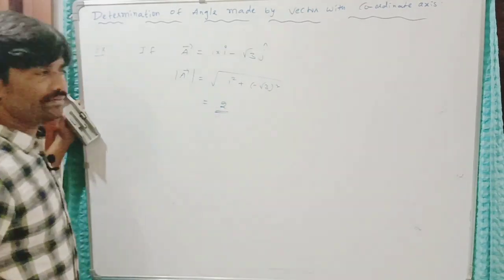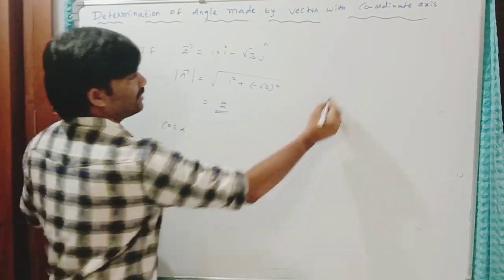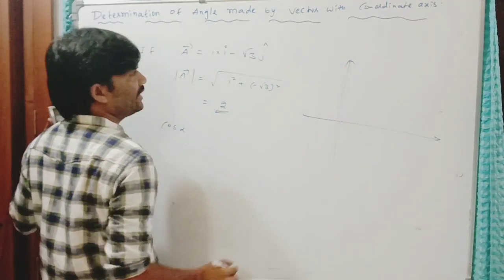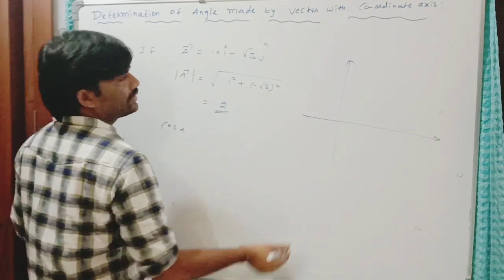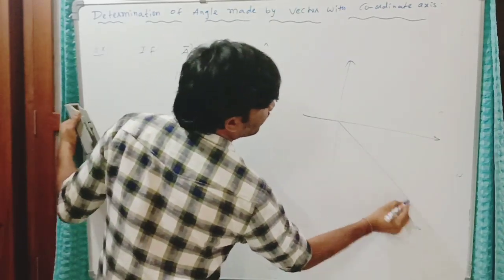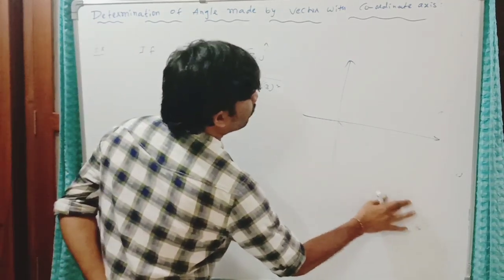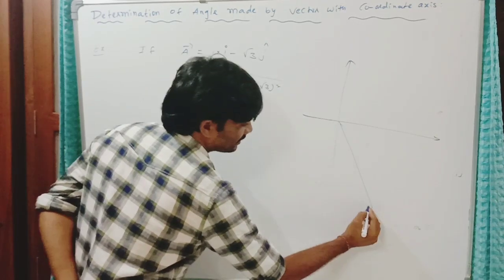That is the magnitude. Now to know the angle, cos alpha. So can you estimate the quadrant in which this vector lies? The i component is positive and the j component is negative. So it lies in the fourth quadrant like this. So definitely this vector is closer to the y-axis. Reason: the y component is more than the x component. This is closer to this.